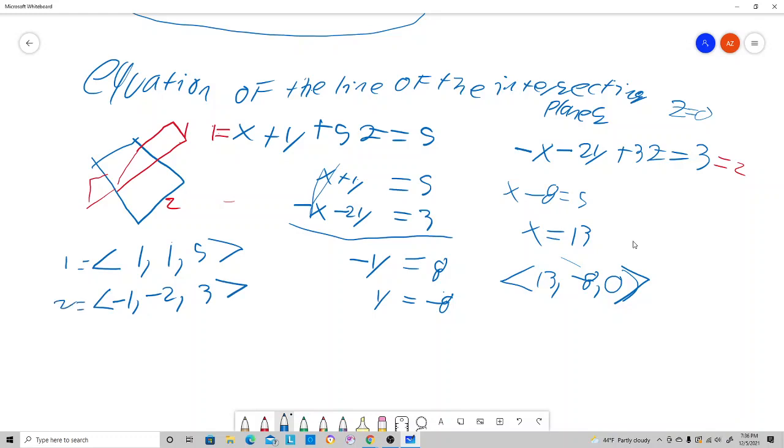If I do the cross product, it's going to create another vector that's orthogonal to both of them, in this direction or the other direction, and that's the slope of the line.